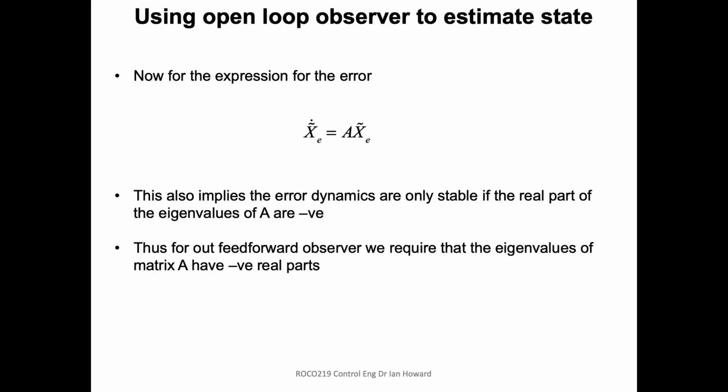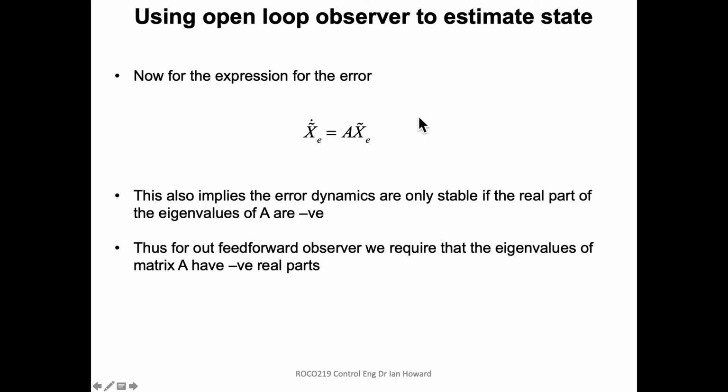So what that's saying is if we build a system that we want to control, and we want to build a simulation of it, and we want to use a feed-forward observer, we can only do a feed-forward observer if the system we're actually trying to model is actually stable already, right? If it's not stable already, we can't do it because we're violating this condition.